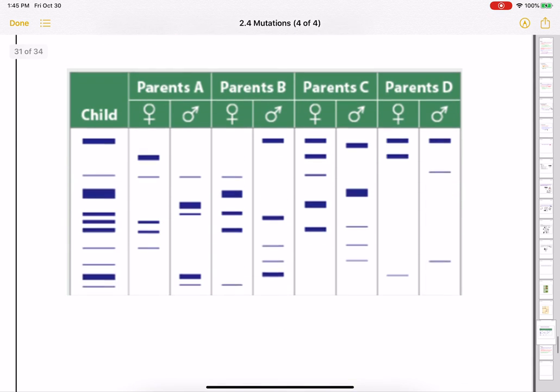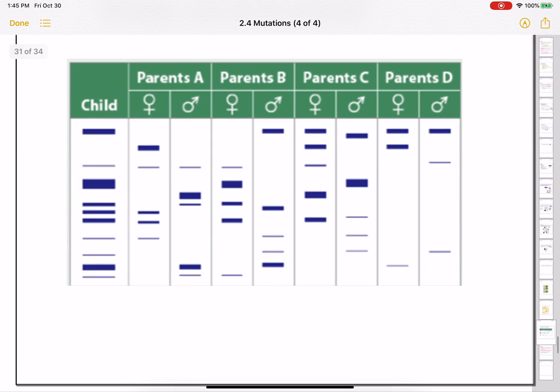That's a very simplified version of what actually happens. But basically, electricity is run through it, and due to their electrical charge, they'll move along this gel in a certain pattern. And if I ran my DNA against my own DNA from a different sample, it should show up the same.